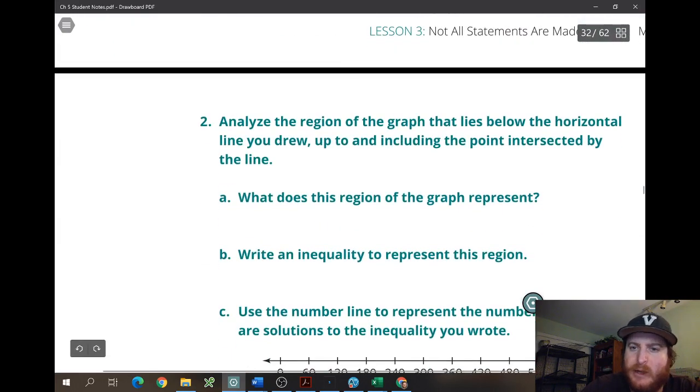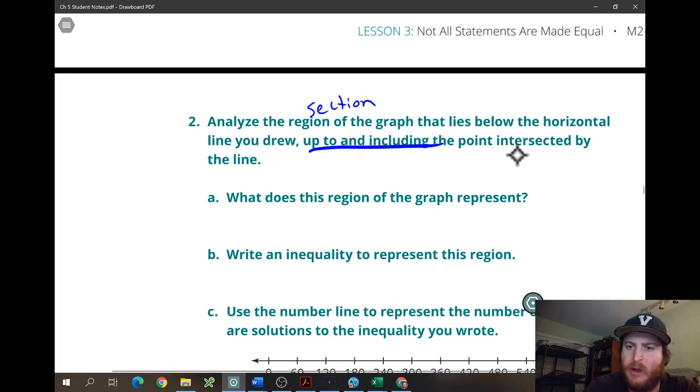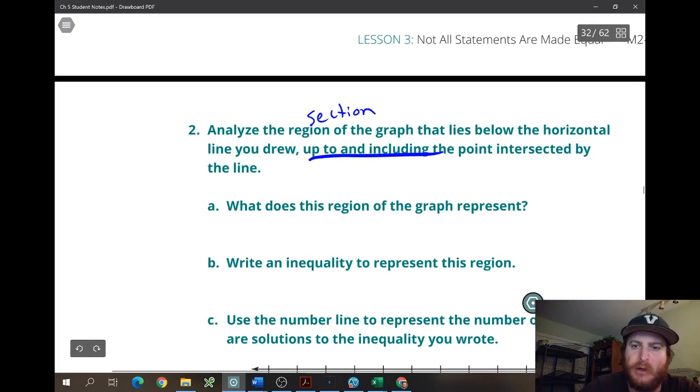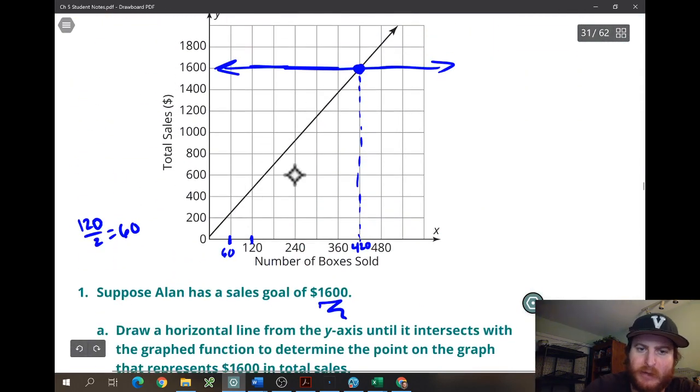All right, now analyzing the graph. It says analyze the region of the graph, like region being like the section of the graph that lies below the horizontal line you drew up to and including, that's important, the point intersected by the line. So the section below the line of the graph, that's kind of this, and including it, right?